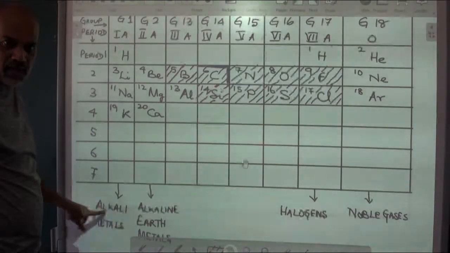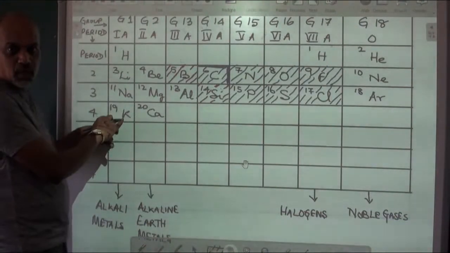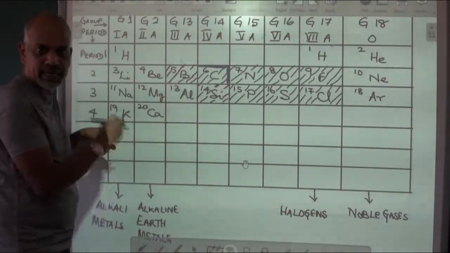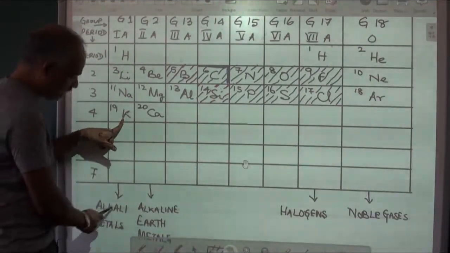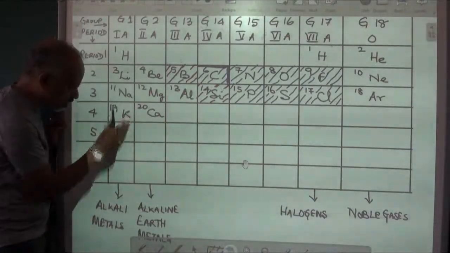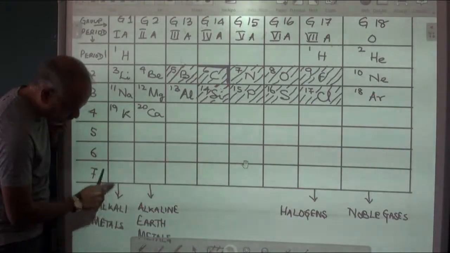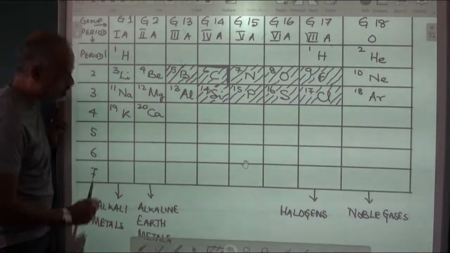They are called alkali metals because these ones react with water readily to give you an alkali or a base. That's why they are called alkali metals. So that's why, under group 1, they are called alkali metals.